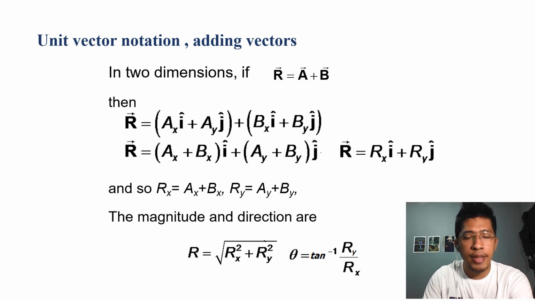The magnitude and direction are still the same as we have discussed before. So the magnitude of your vector R is just the square root of rx squared plus ry squared, and the direction theta is just the tangent inverse of ry over rx.